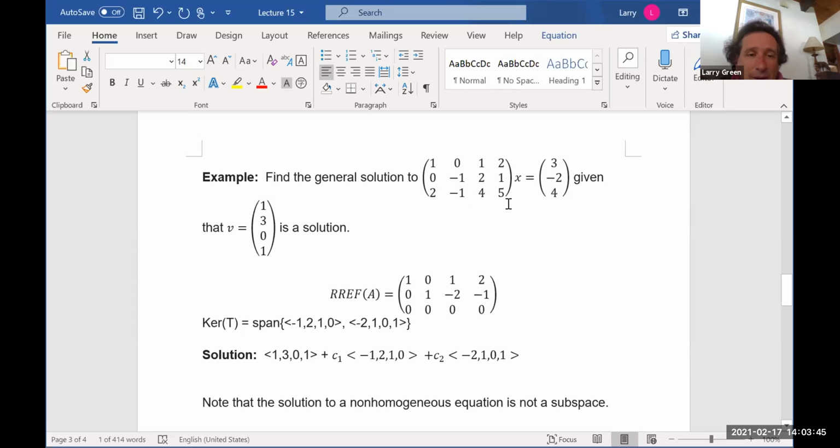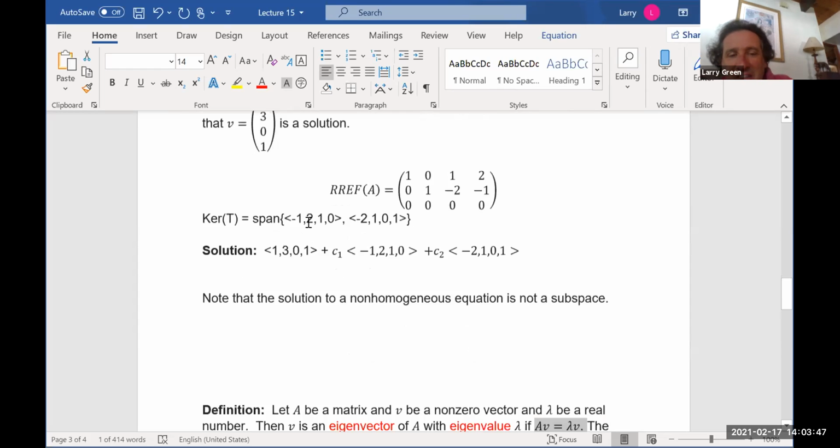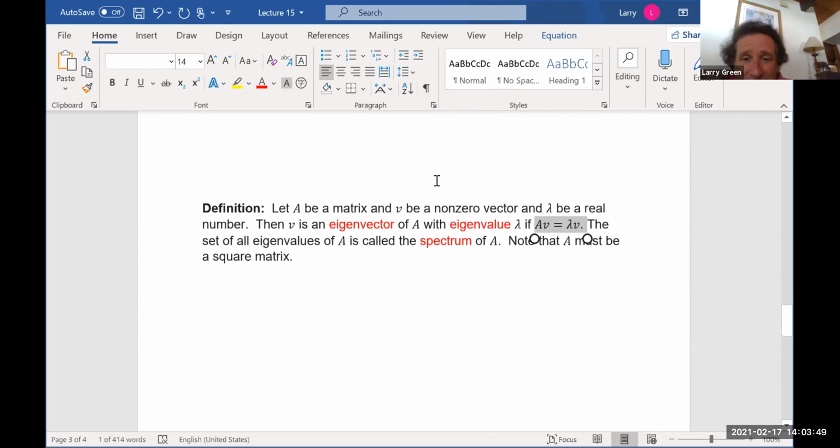So if it's not square, you change dimensions. And this says Av is lambda v, which means our dimensions didn't change. Multiplying by a constant doesn't change dimensions. So that is a big deal, and it's only looked at for square matrices.